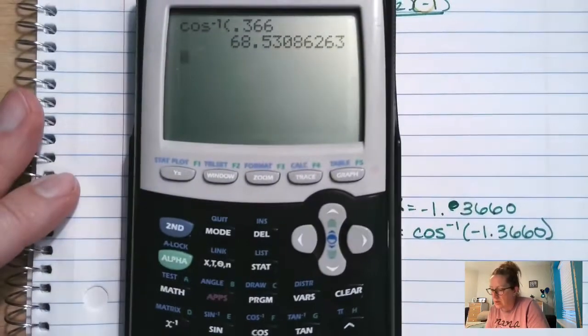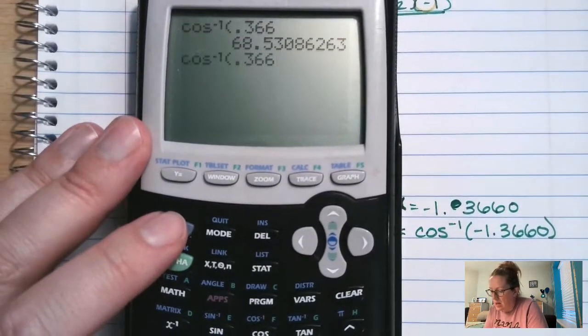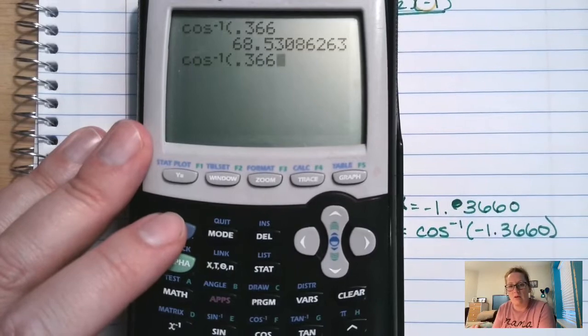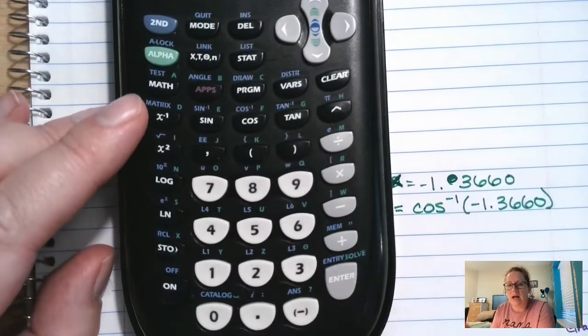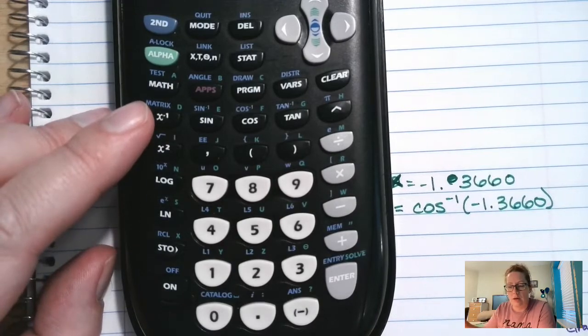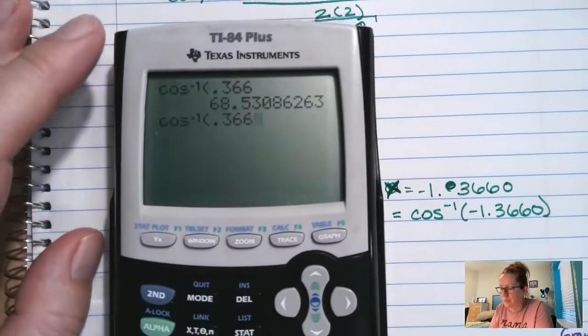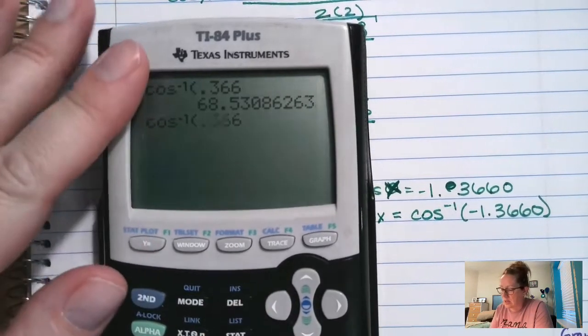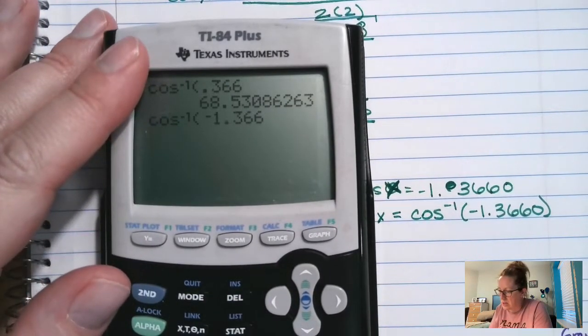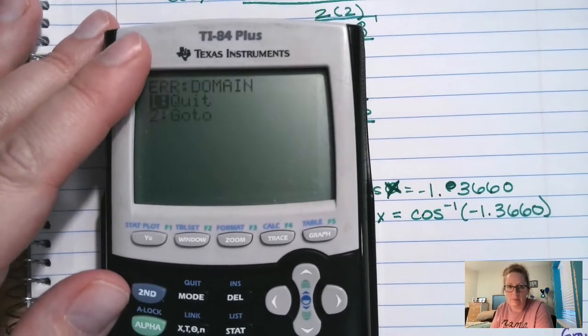And then we're going to do the same thing over here. In order to not type that all over again, you can push second and enter, and it brings up the last equation that you put in your calculator. So that's a nice shortcut. Okay, so cos inverse, and then I just need to change this to -1.3660. There you go. So we're going to enter that.